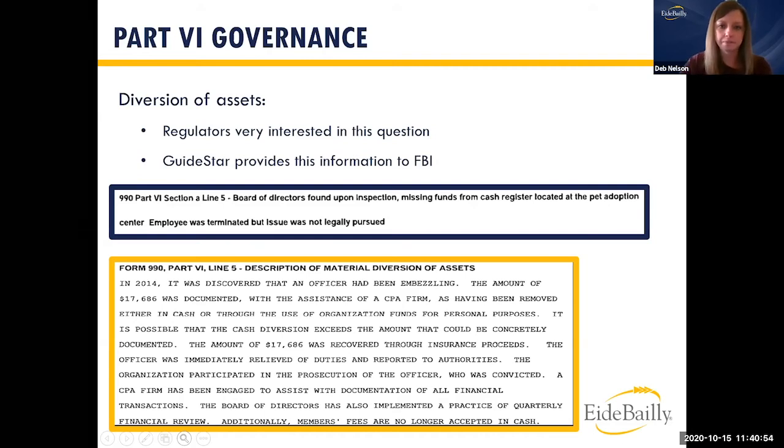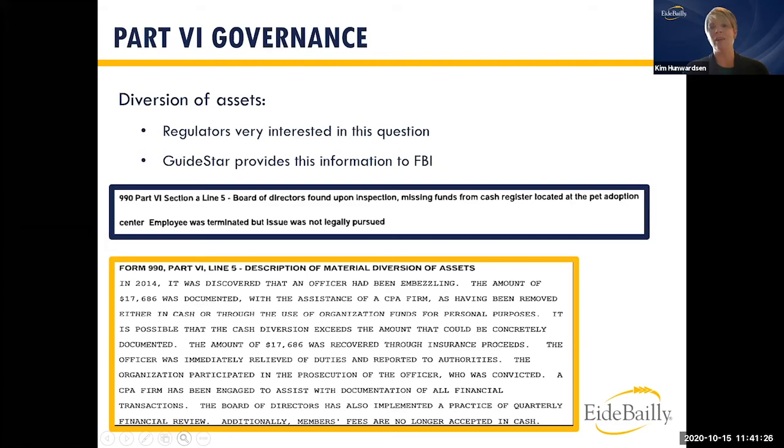Yeah, and Deb, I was going to jump in to say, I think this is a really great example of how a lot of the stuff in the 990 is not black and white as to what has to be included in the narratives. For this question, the instructions will say, provide a description of the transaction. So it's up to the organization to decide, how detailed do you want that to be?